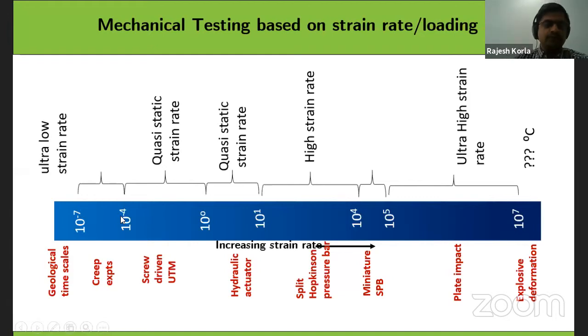Then from there to 10 to the minus 4 is very low strain rate deformation, which generally happens at high temperatures. For example, turbine blades in thermal power plants, or high temperature applications, where the strain rates are generally 10 to the minus 7 to 10 to the minus 4, which is basically creep dominated deformation.